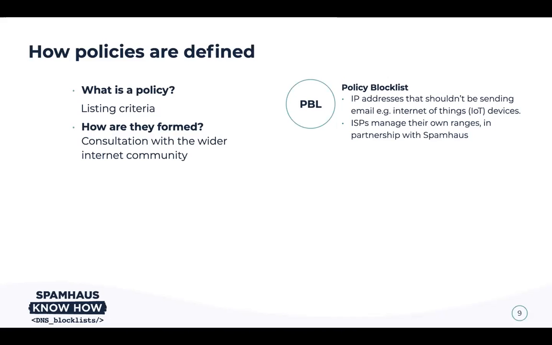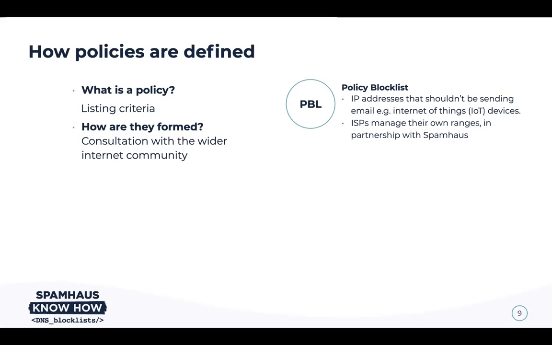These policies have been defined over a long period of time. Obviously, they're not set in stone, as in, if it needs to be changed, we'll change them. But most of them have been in place for a long time, and by now it's quite clear to our users what to expect when they apply our data to an email stream or to something else. But it's not just us that defines these policies.